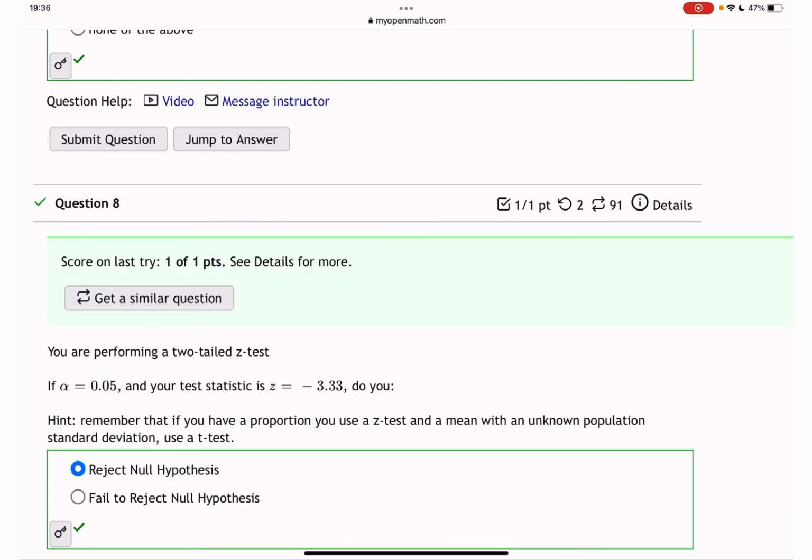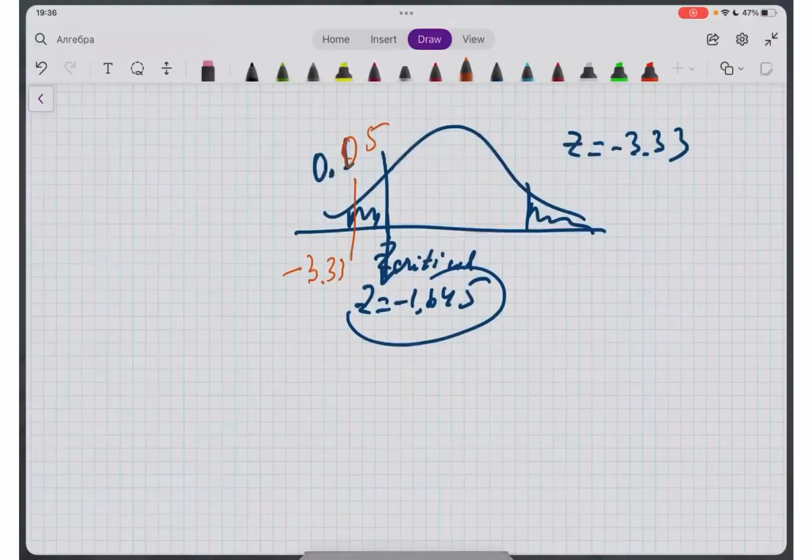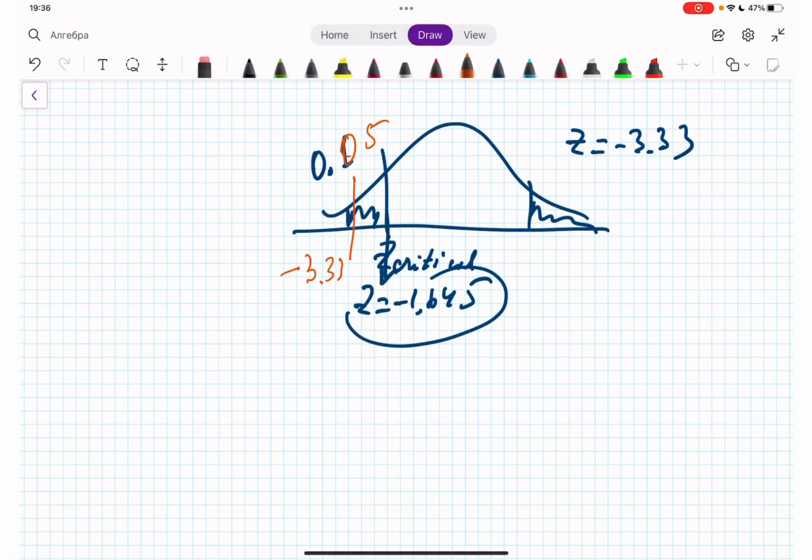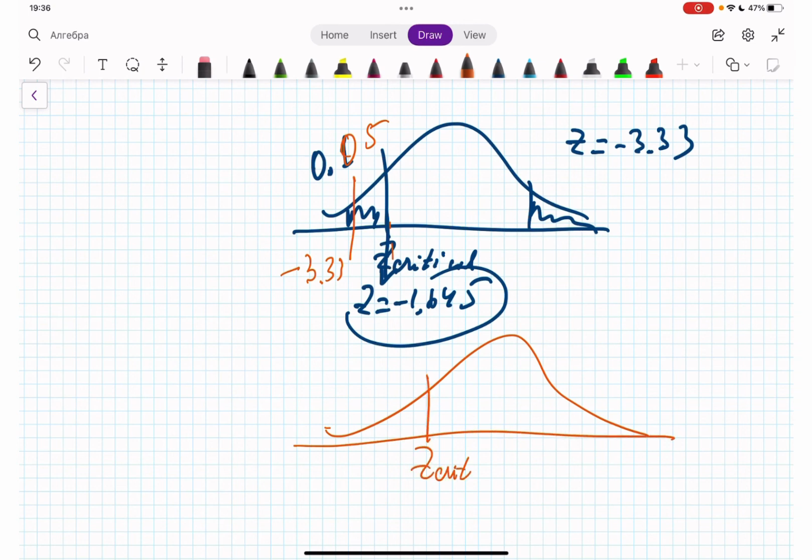Perfect. Now, first of all, let me draw your attention to something. This is going to be your Z critical. That's the one that you need to find from the calculator based on the given alpha, in this case 0.05.